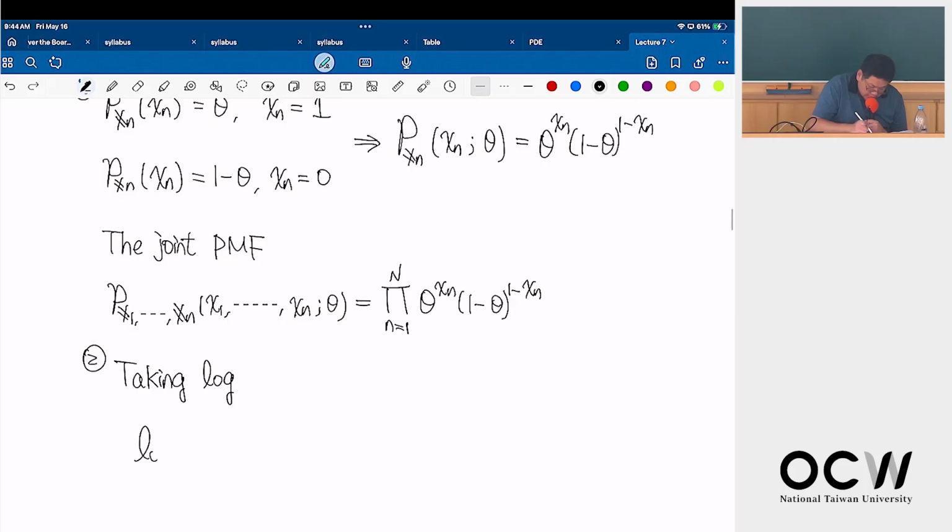So taking the log, I have a log. Here we just write the vector x, theta. So the product becomes the summation.